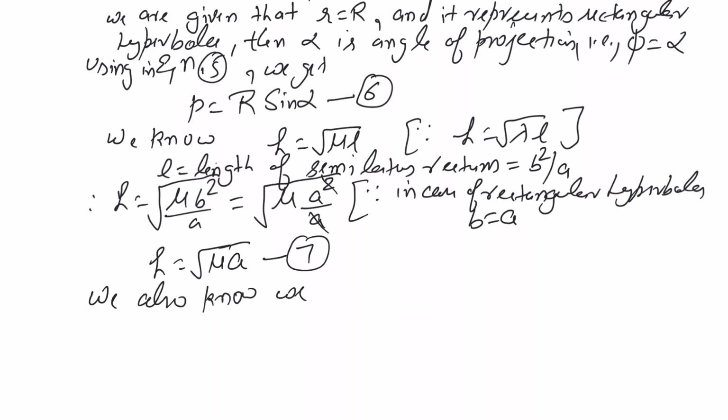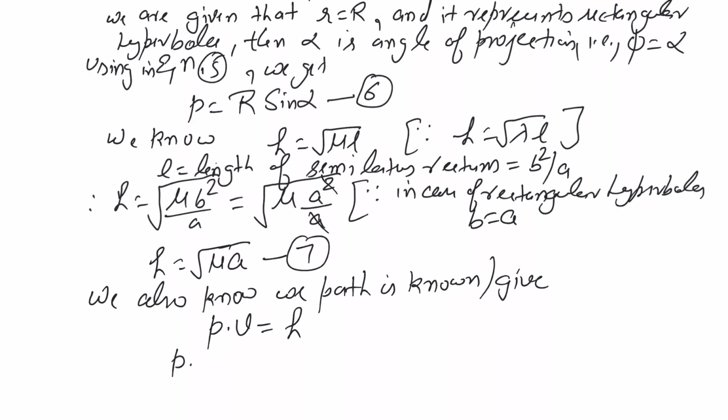when the path is known or given, P dot V is equal to H. That expression we have already derived. So now I am going to put the values: P is P, V is velocity and H is root mu a.